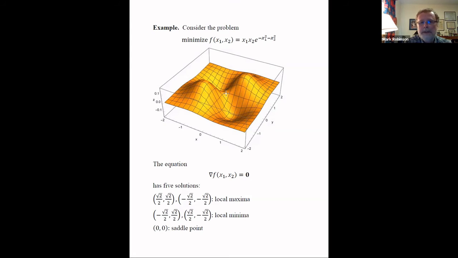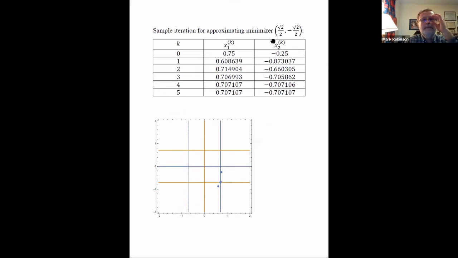So I'm going to show you an iteration here where I started with a particular initial approximation, and then we get fairly rapid convergence to the minimizer that's over here in quadrant 4. That's square root of 2 over 2, negative square root of 2 over 2.